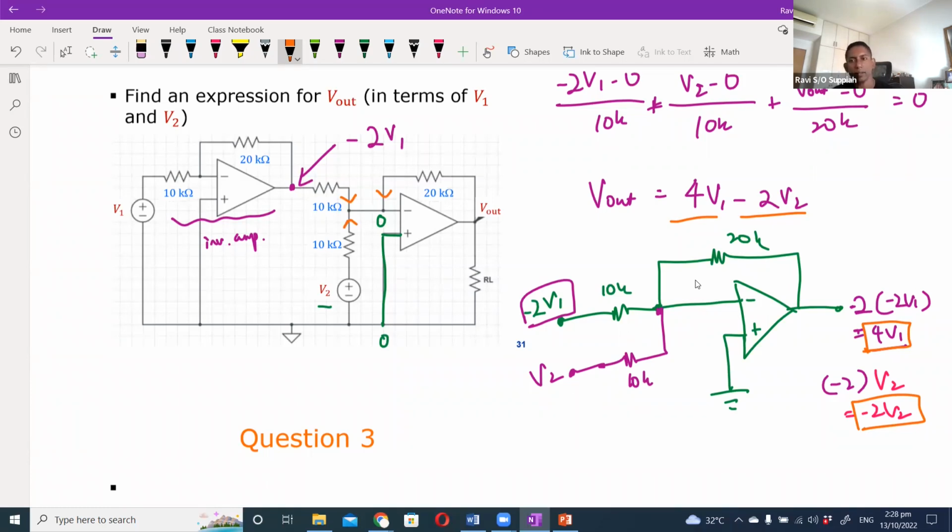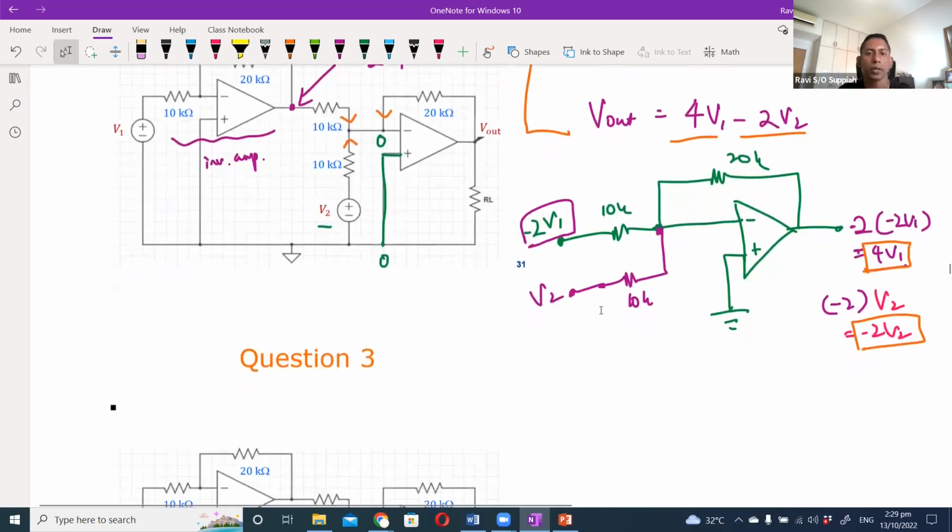So don't worry too much about this. As long as you know this step over here, applying the node analysis and then solving the expression, that is what is important. So that is our question 3.